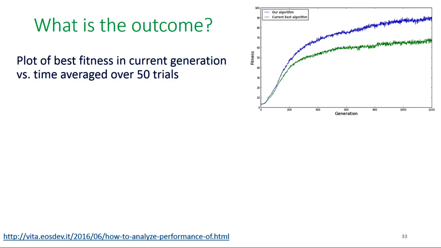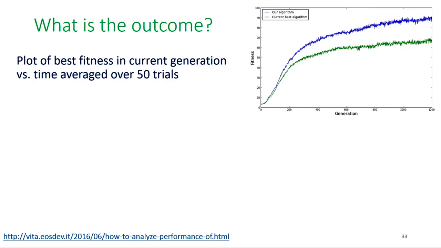I told you that there are so many variants of the evolutionary algorithm. Most of the time you want to determine which variant is actually the best for a class of problem, or even for one specific problem. So in this case, we would have applied the same algorithm, the green algorithm, for example, many times, like 50 times, to the same problem. And every time we generate the kind of data that I just mentioned.